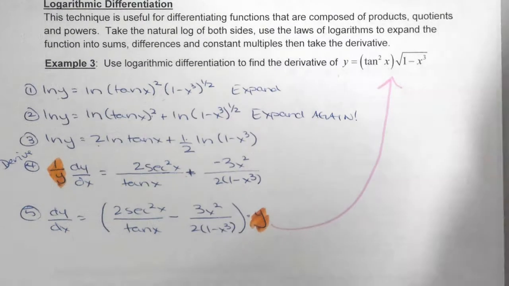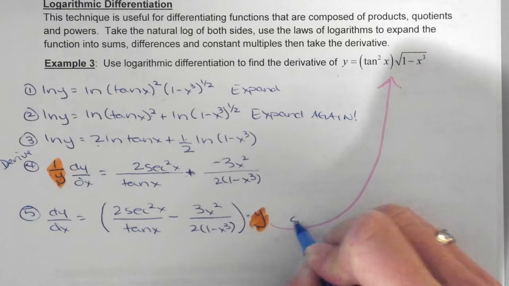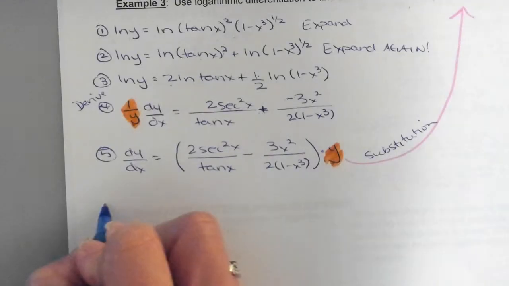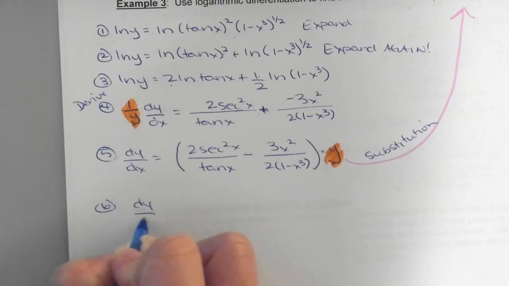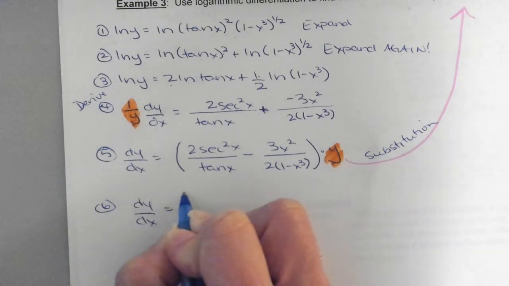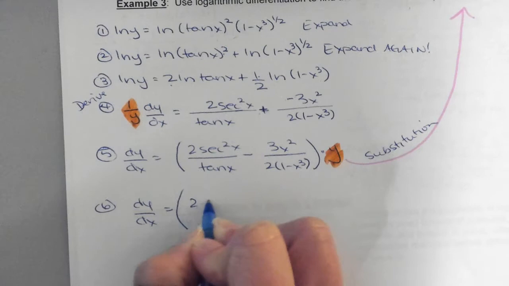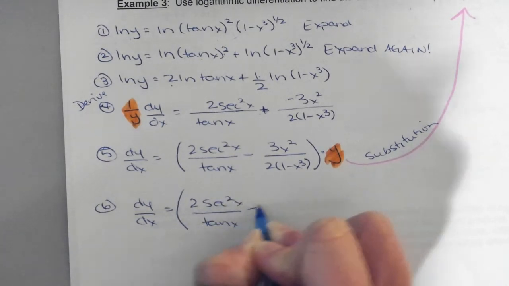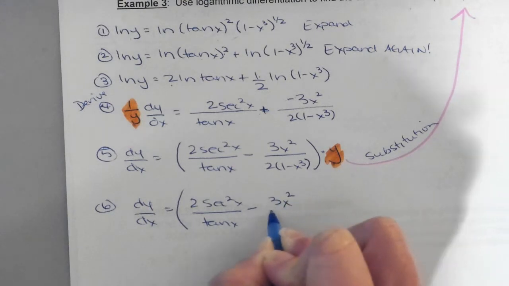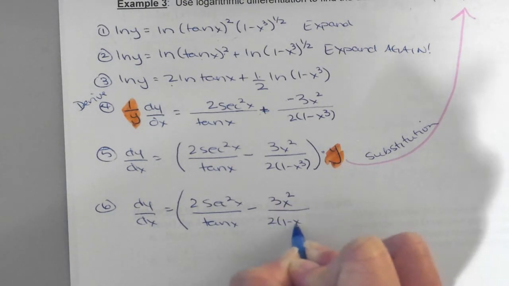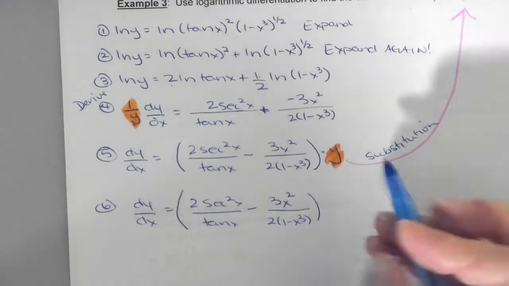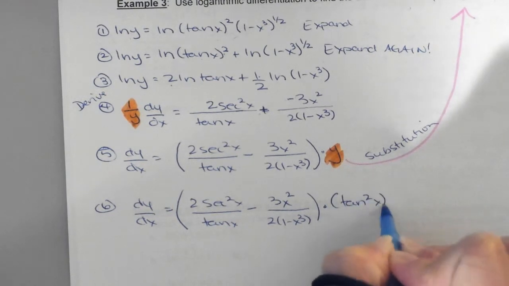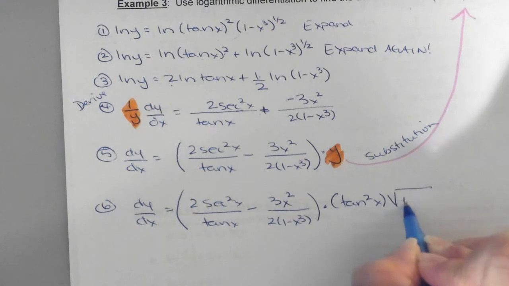So you need to make a substitution here. Your final answer is dy/dx is equal to all this that we worked so hard on, and then we multiply by our original y, which is the tangent squared of x times the square root of 1 minus x cubed.